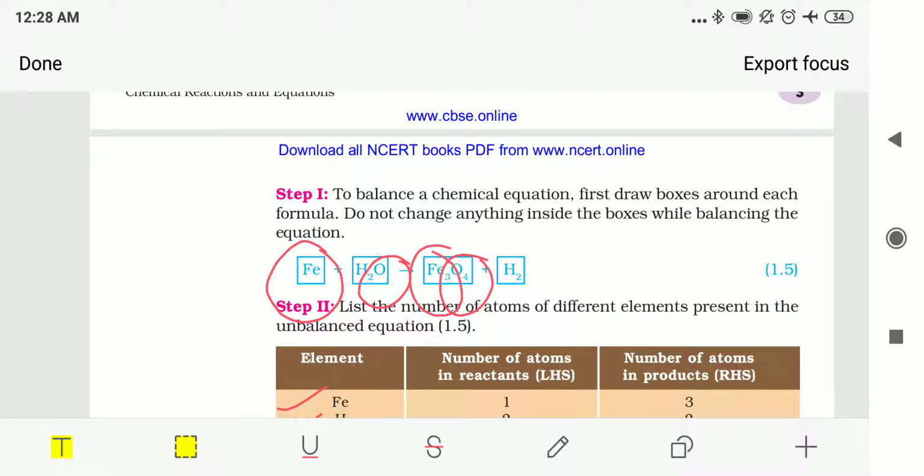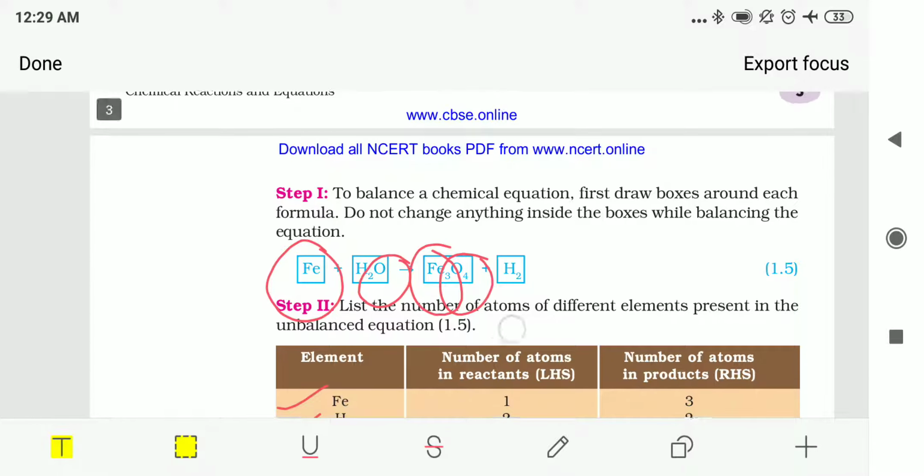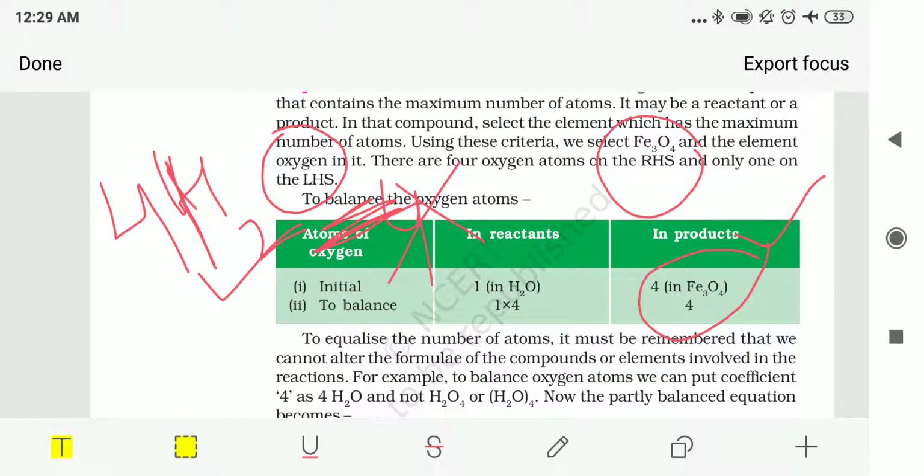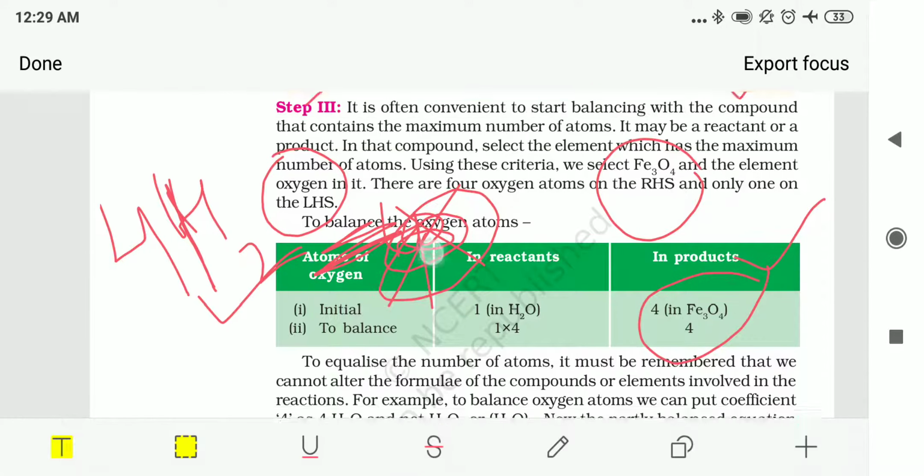If we want to balance the elements, we have to write outside the boxes. So for balancing oxygen, we have 4 atoms of oxygen on the right hand side and only one on the left hand side, so we put a 4 outside the box of H2O so that the oxygen atoms become 4. Hope you understood this.